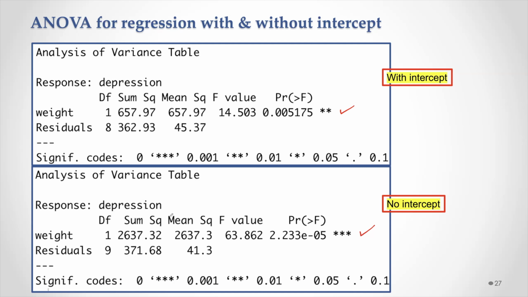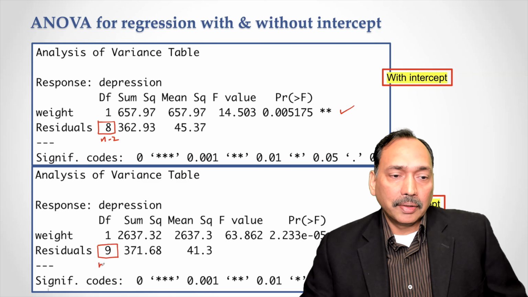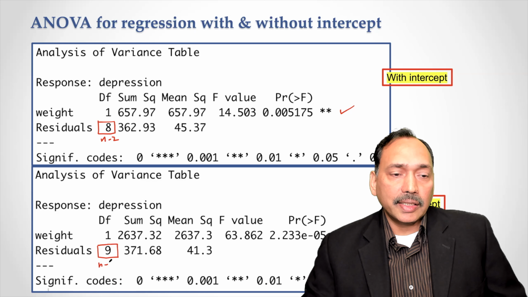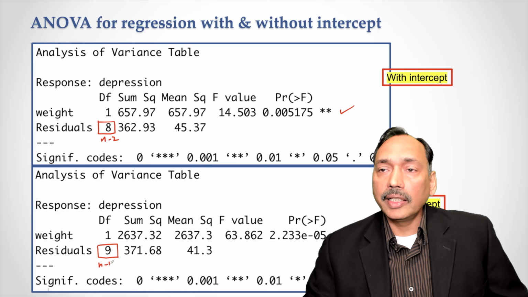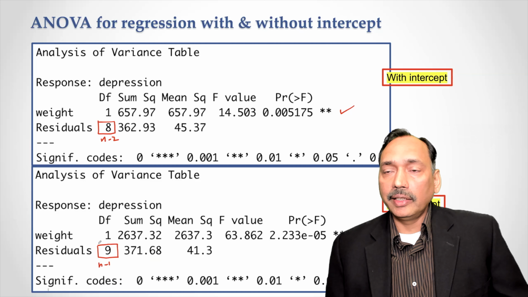So the degrees of freedom that we now have is more. With the intercept it was n minus 2. When you have no intercept, it is n minus 1. So error degrees of freedom or residual degrees of freedom increase by 1 if you eliminate the intercept.